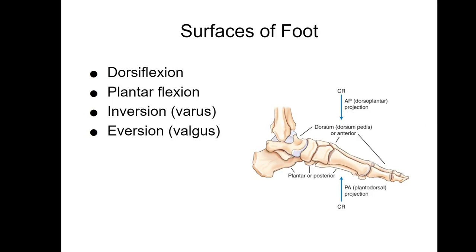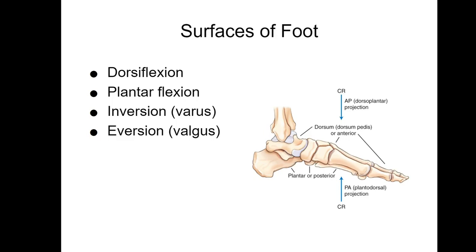But dorsum in this case comes from the term dorsum pedis, which refers to the upper surface or the surface opposite of the sole of the foot. The sole of the foot is considered the posterior surface or plantar surface. I remember plantar surface because that's where you get plantar warts.